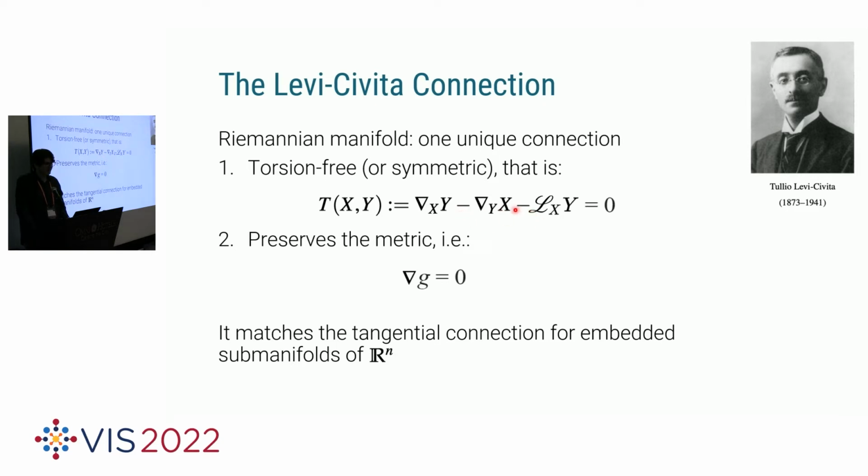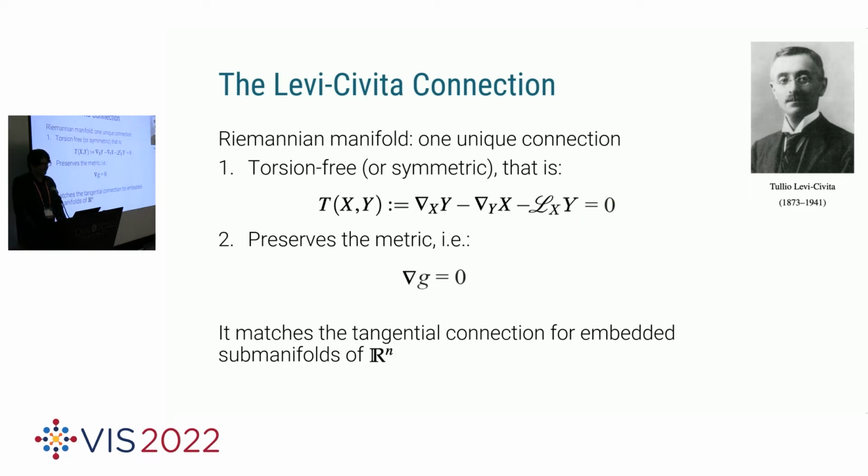And when this is the same as the Lie derivative, then this whole term will evaluate to 0, and that means that it's torsion-free. This is the definition of the torsion, and this Levi-Civita connection is the unique connection that, when I have a metric already, fulfills this property.